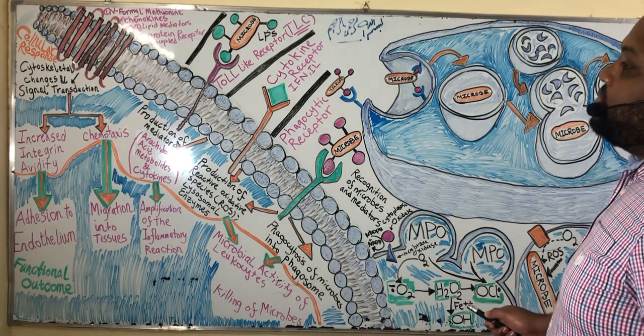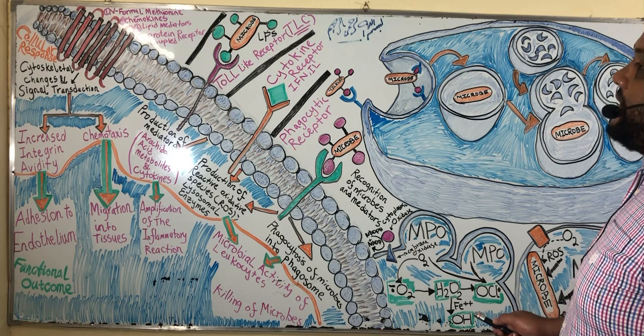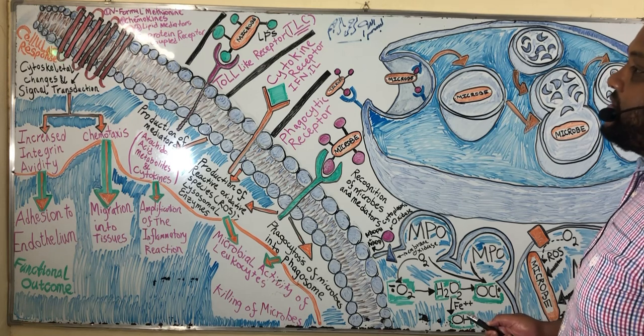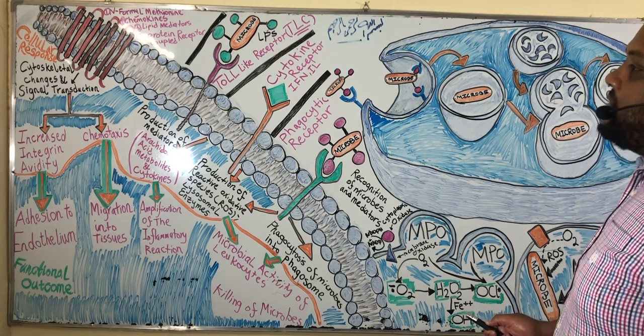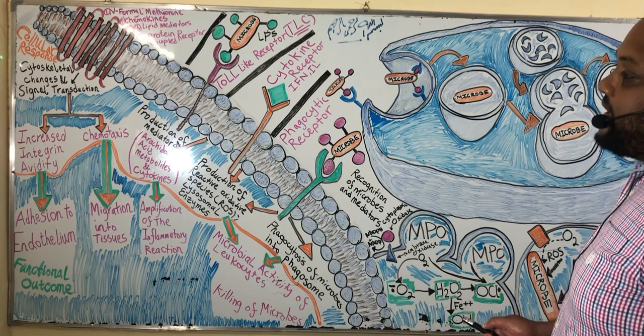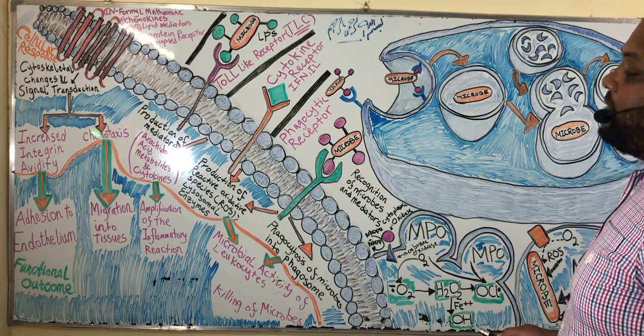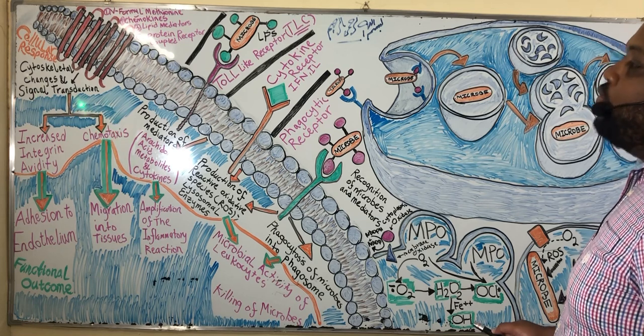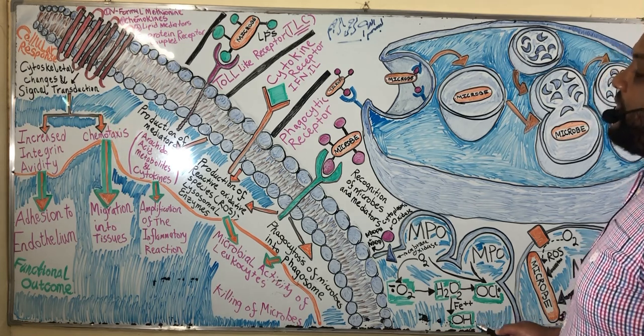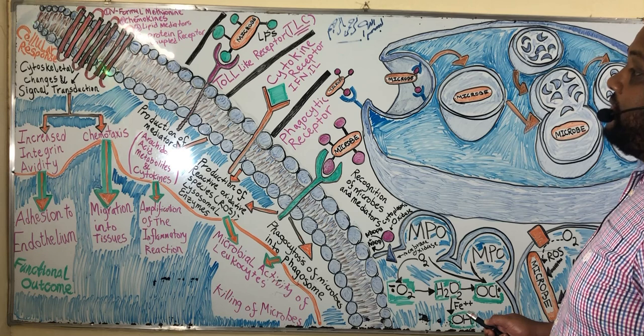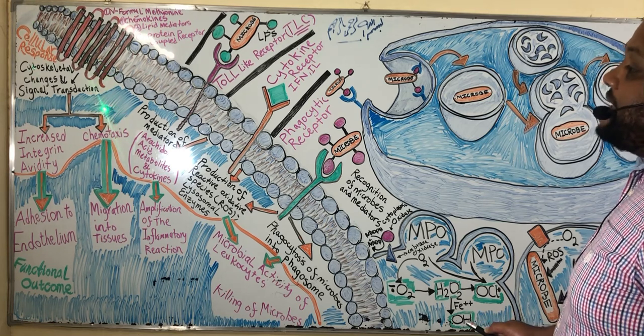So that leads to stage number 2, and that is the cellular response. In the cellular response, what we have is cytoskeletal changes and signal transduction that leads to chemotaxis, which is the actual movement of the phagocyte towards the site of the inflammation following these chemokines.